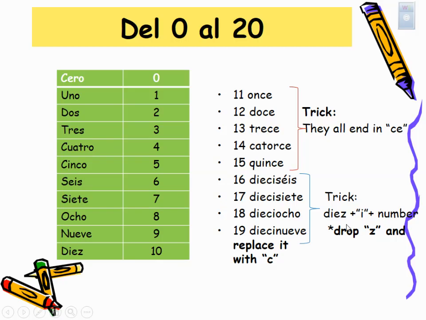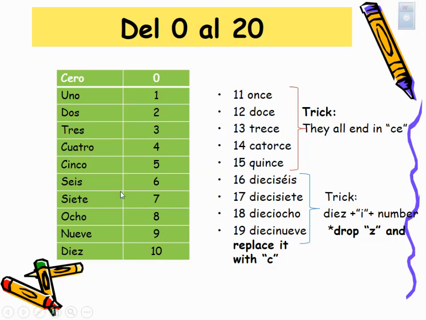And you need to drop the Z in diez and replace it with C. Now, this is a trick to help you write the numbers 16 through 19. But as we start using these numbers more and you start seeing them in your work, it'll get easier.